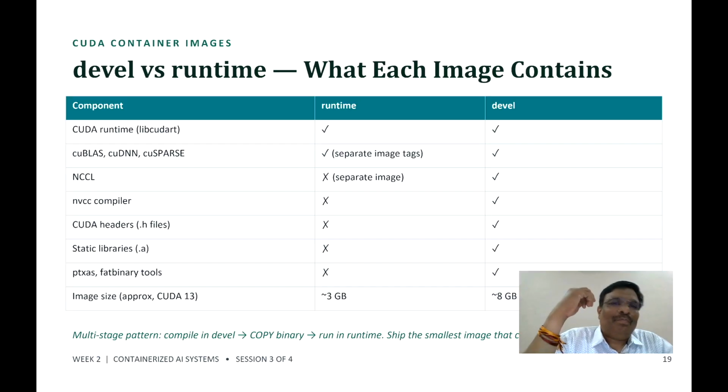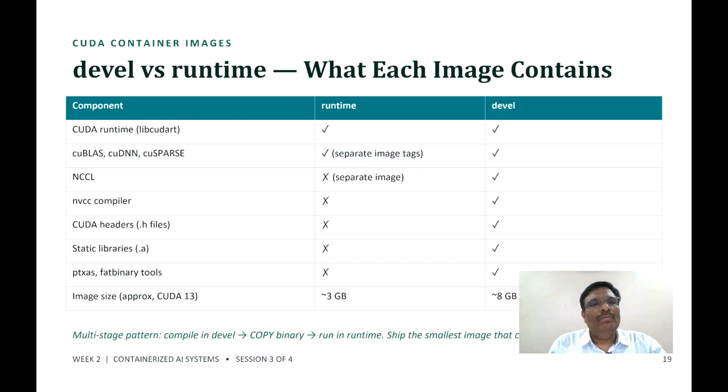From the developmental point of view and from the runtime point of view, let us understand what each image is going to contain and what the various components are. In the development container you will have the CUDA runtime, CUBLAS, NCCL, NVCC compiler, CUDA headers, static libraries, PTX, image size, and so on. These are the components.